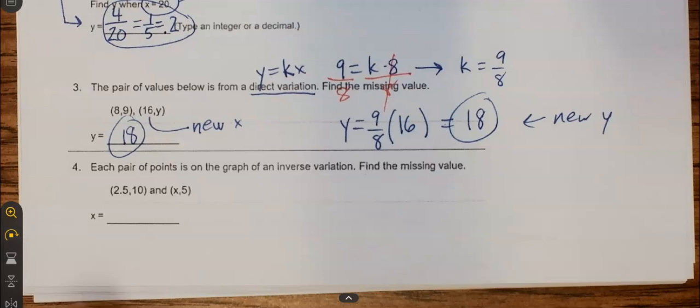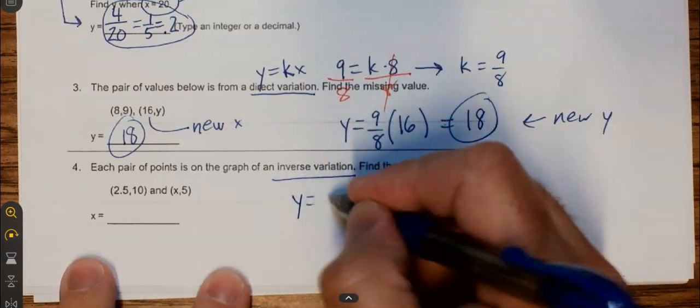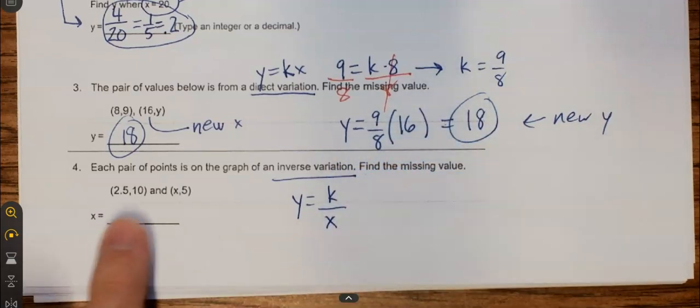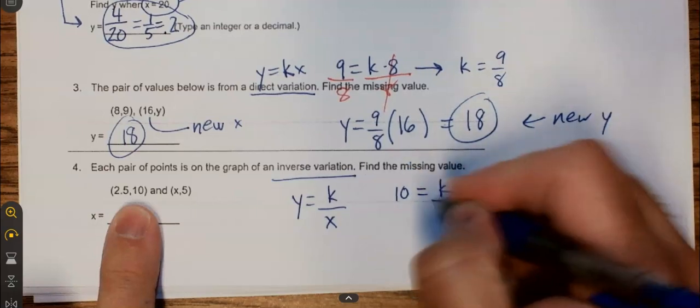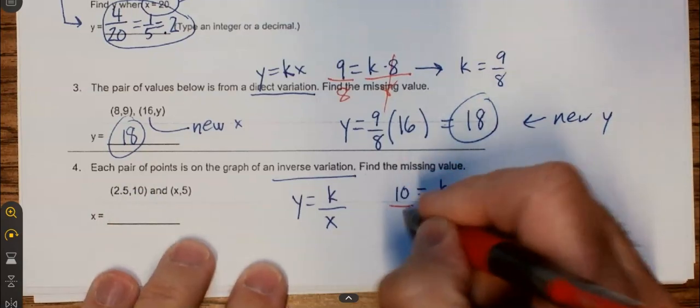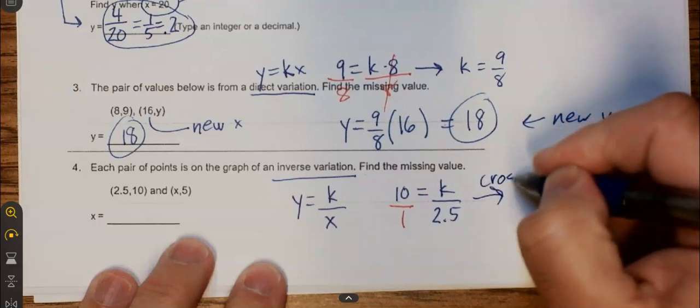But, appreciate the help. They tell me this is inverse variation on the next question, so that's y equals k over x. We were given an initial point of 10 equals k over 2.5. Now keep in mind that anything can be divided by 1, and now it's time to cross multiply.